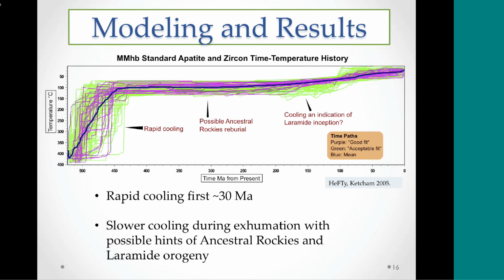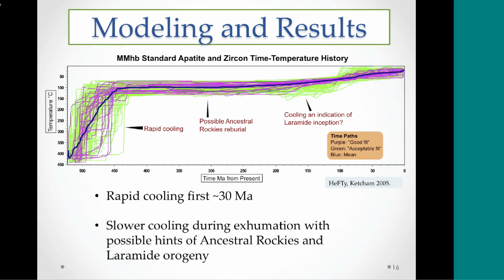Then we see relatively rapid cooling for the first 30 million years of this unit up to its emplacement, and relatively slow cooling for the next couple hundred million years. Then around 150 to 100 million years ago, we see more rapid cooling again to current emplacement at the surface. So we got some interesting data here.